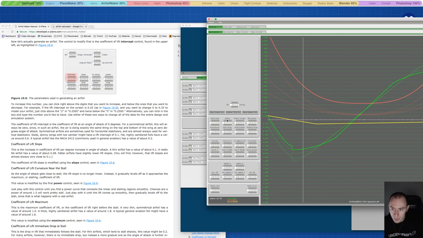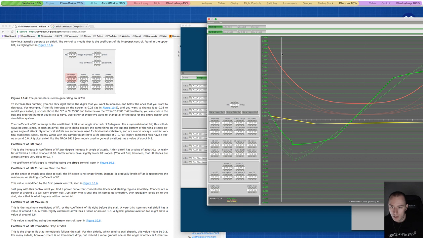But if we change it up, yeah, it makes sense. You can see that it's going steeper, so with every degree of angle of attack increase or decrease. And intercept was, it just moves the entire thing up. Yeah, it's just the intercept, like basic maths graph.